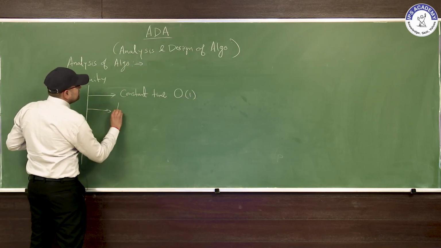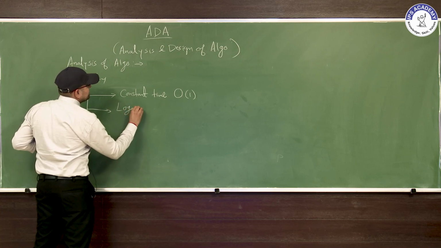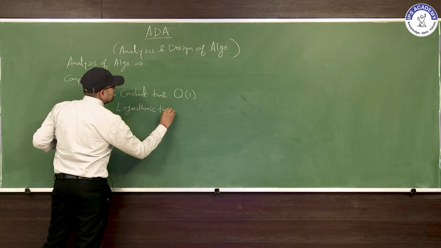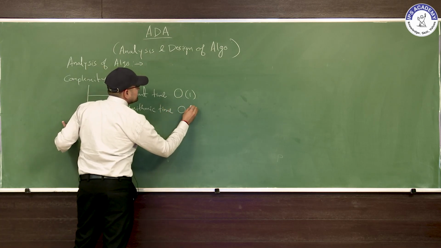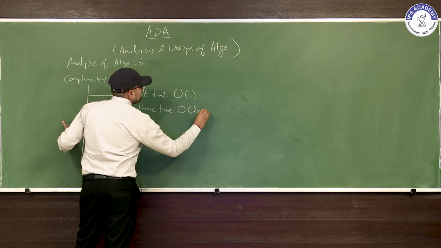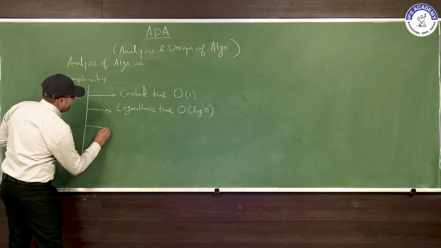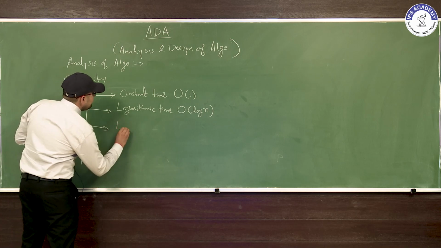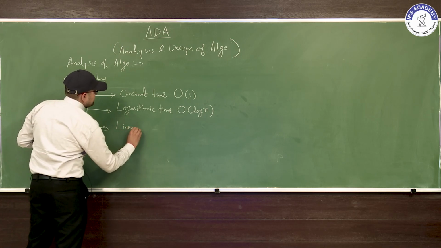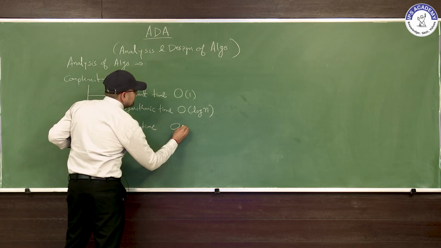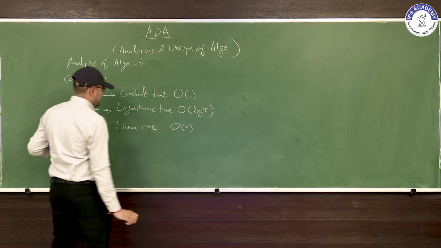Number 2, logarithmic time complexity, represented by log n. Then linear time complexity, represented by order of n.